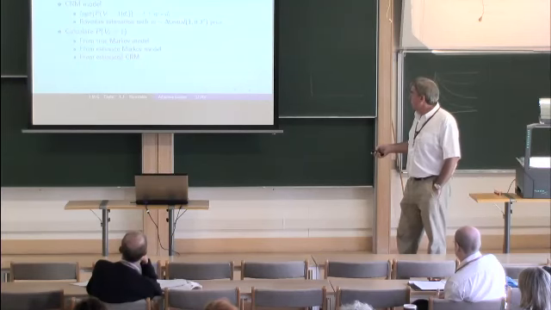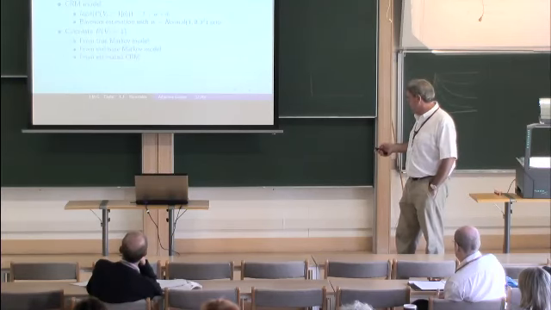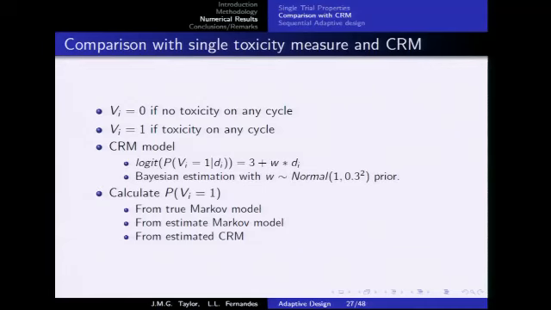V equals 1 represents that binary endpoint, toxicity in any cycle, and I can fit a standard one-parameter CRM model.